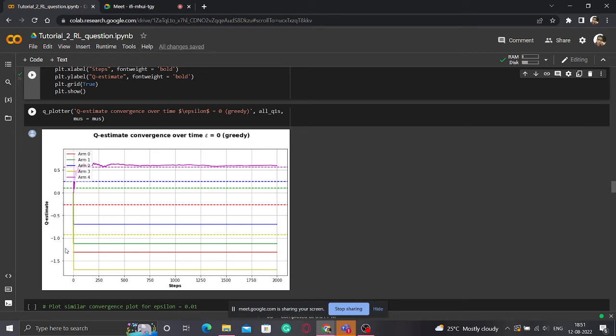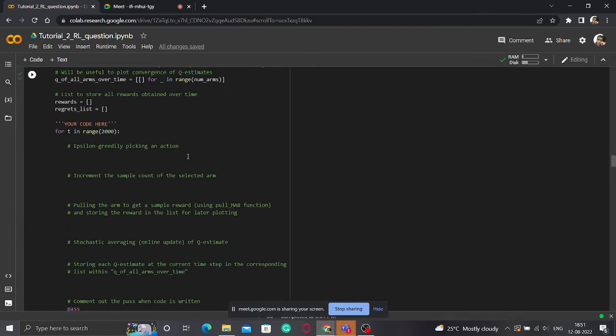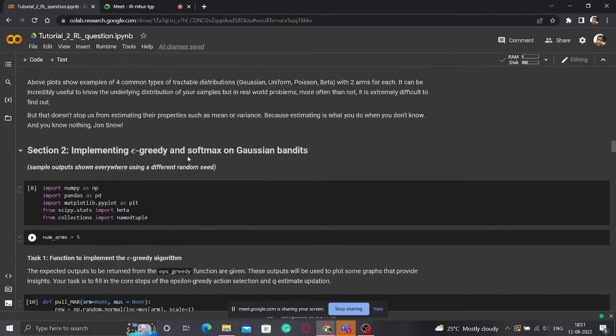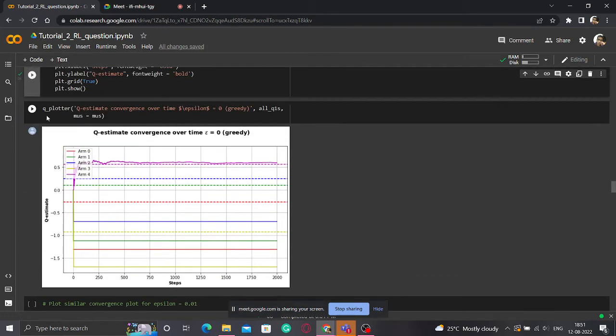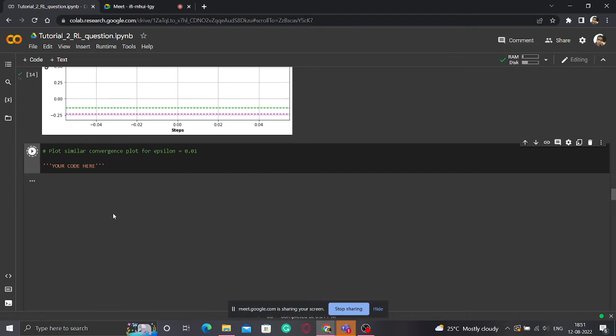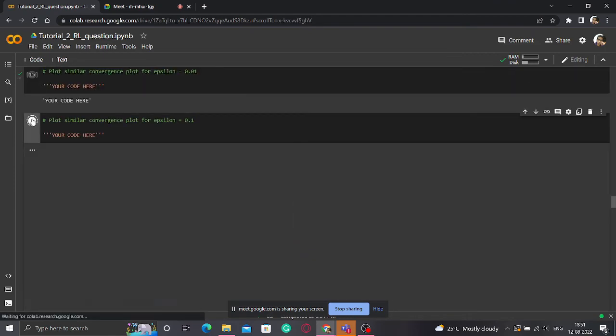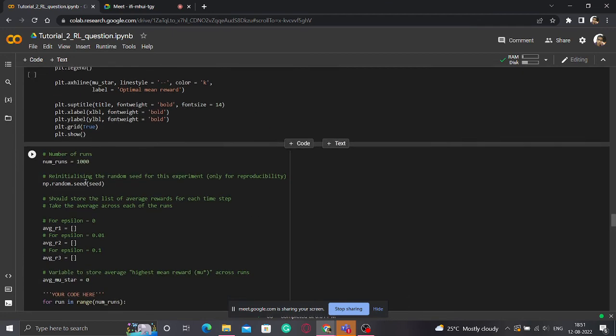Since I have not run any code, it's all plain and constant, but you can write your code here. The code is similar to what I showed last time for epsilon greedy, and you can do it for softmax because you know the algorithm for softmax, right? So you do the Q plot, and you get some plots here.